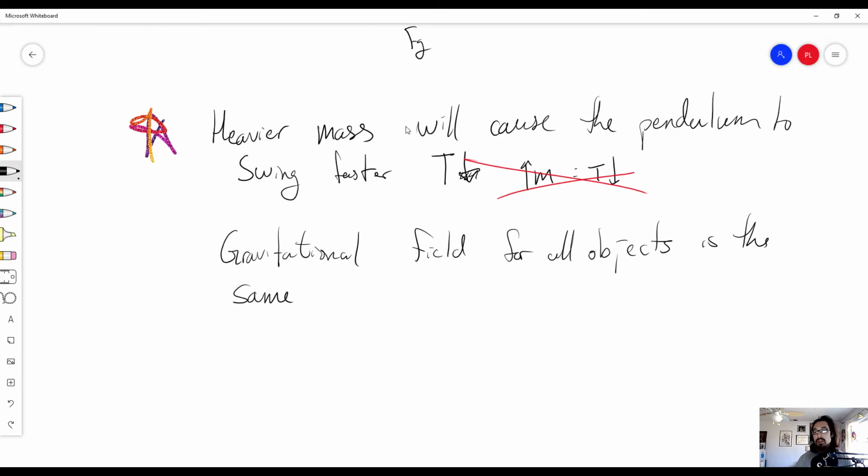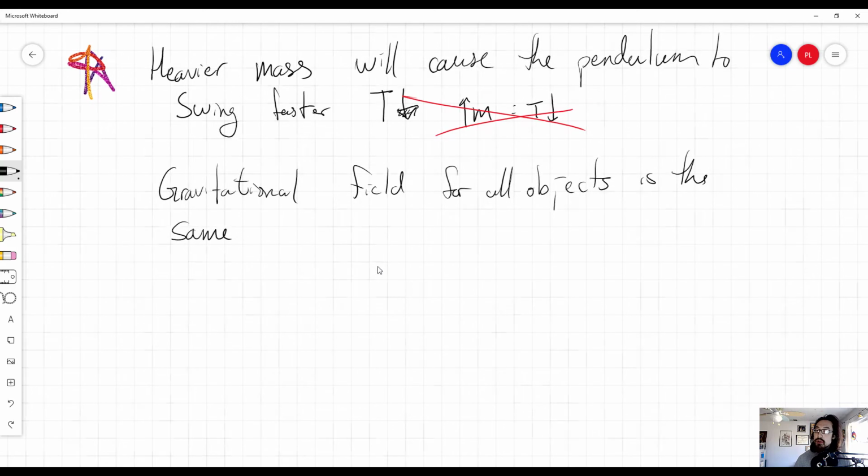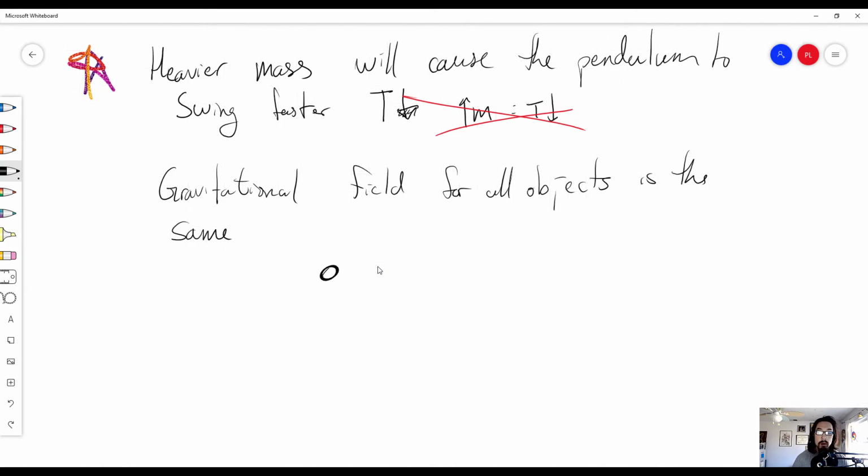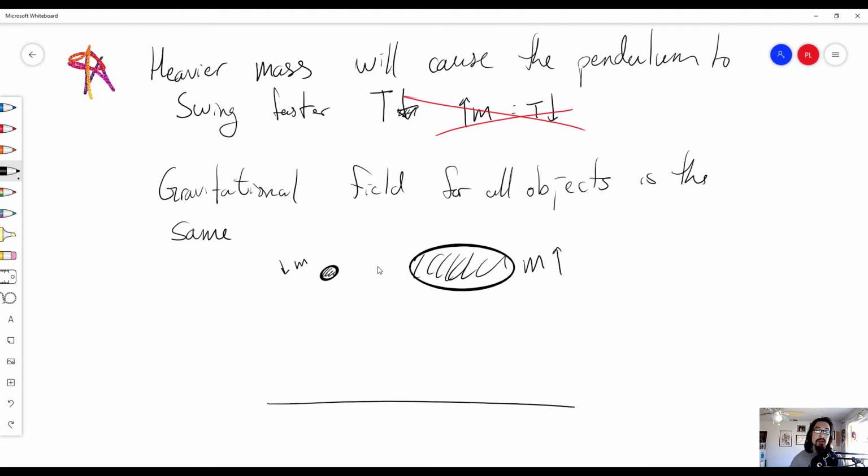So this just simply means, like we did a classic problem when we were doing the forces unit, if we have a small pebble compared to a large boulder, so we have a tiny little mass versus a giant mass, and we were to drop them from the same height, assuming there is no air resistance, both will fall at the same rate, and we call that rate on Earth 9.8 meters per second squared, acceleration due to gravity.